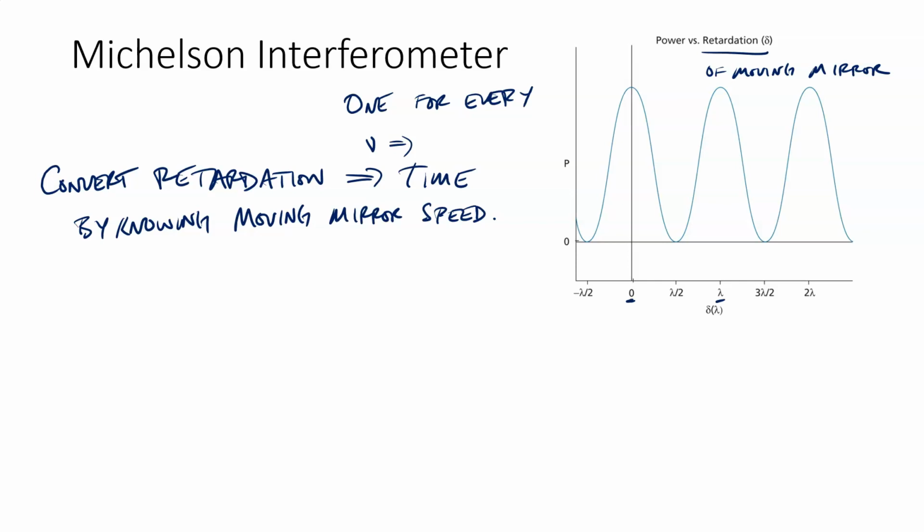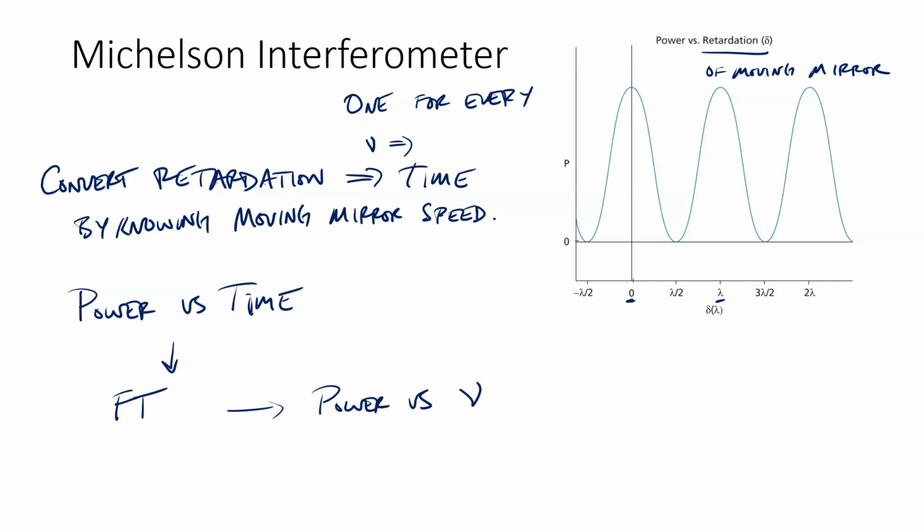If our mirror is moving faster or slower than it should be, the reference laser will correct for that. Right? Once we have power versus time, we take that graph and we do a Fourier transform, and we Fourier transform that into power versus frequency.